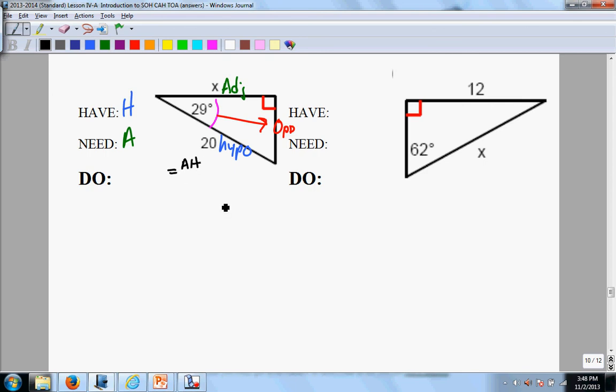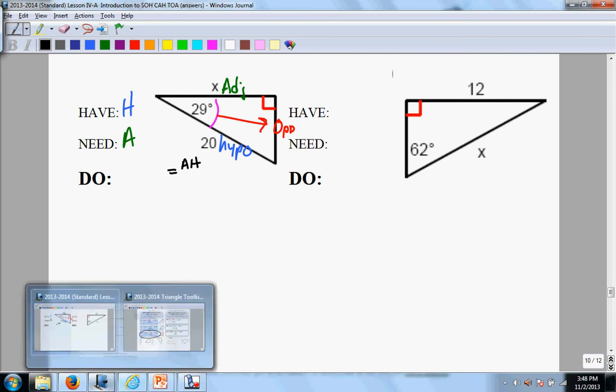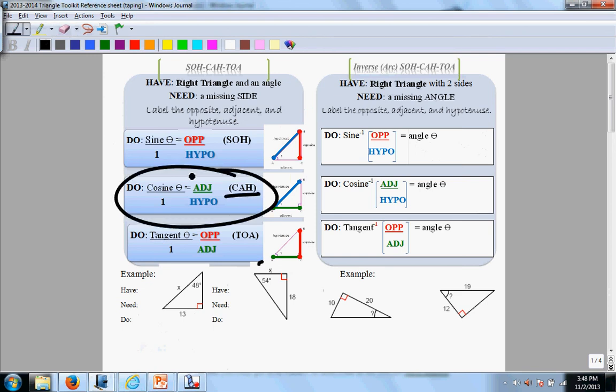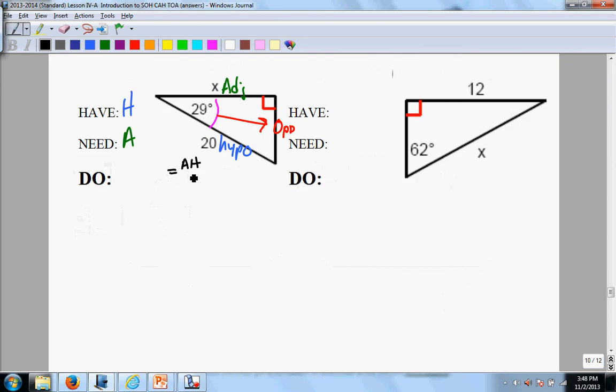You ask yourself what goes with AH. So you take a look at your chart here, and you see what goes with AH is cosine. So you write exactly that out. So you do cosine theta over 1 equals adjacent over hypo.